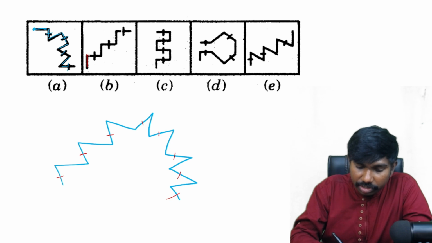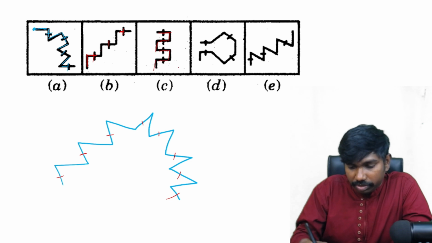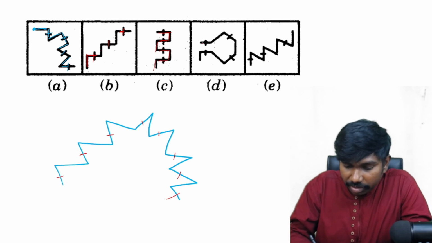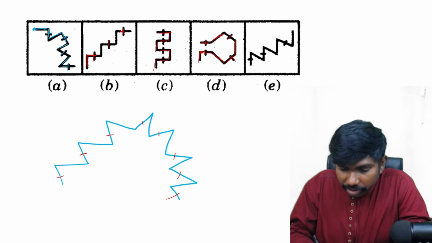So no cut, cut, no cut, cut, no cut, and cut. Here cut, no cut, cut, no cut, cut, no cut, cut, no cut. Okay, and here cut, no cut, cut, no cut, cut, no cut, cut, and no cut. Sorry, this total line is a single line, and cut, there is no cut.